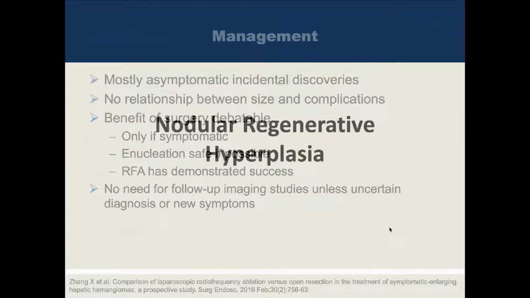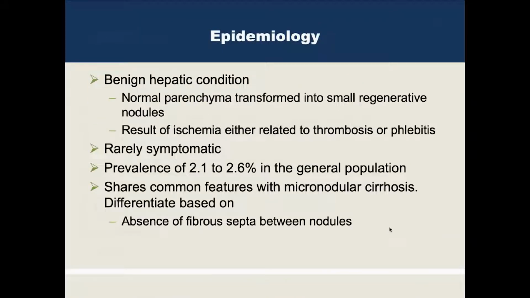Next, we're going to talk about nodular regenerative hyperplasia. Nodular regenerative hyperplasia is a benign hepatic condition. This is where normal parenchyma of the liver has transformed into small regenerative nodules. And this is felt to be the result of ischemia, which is either related to thrombosis or phlebitis.